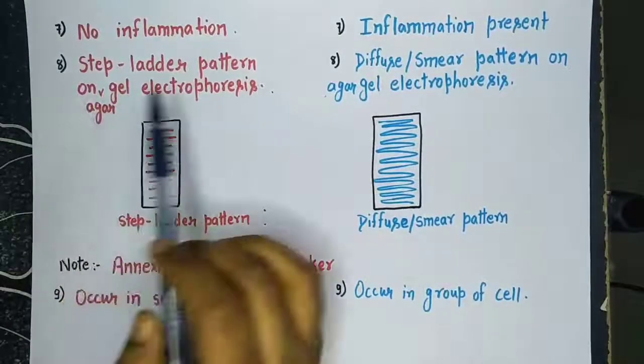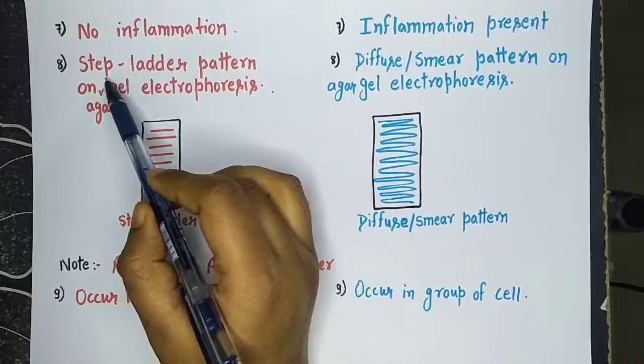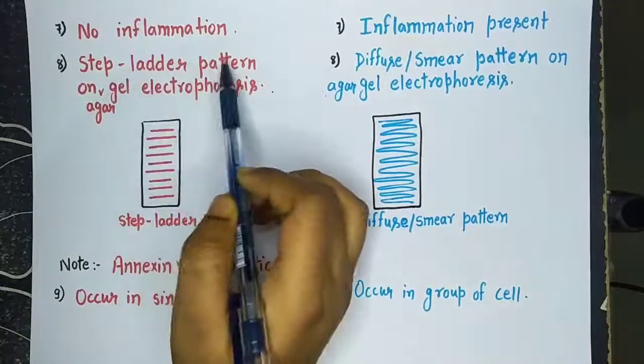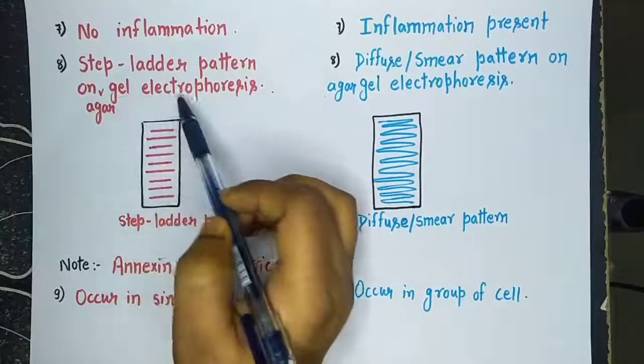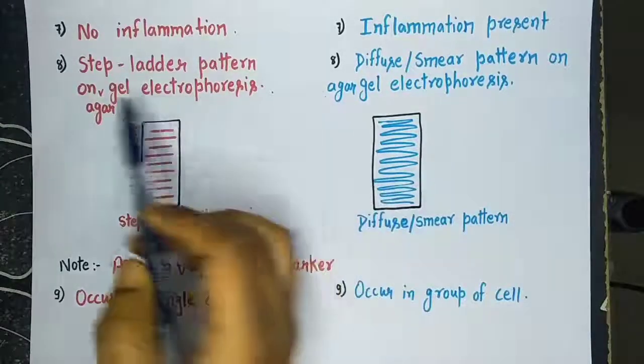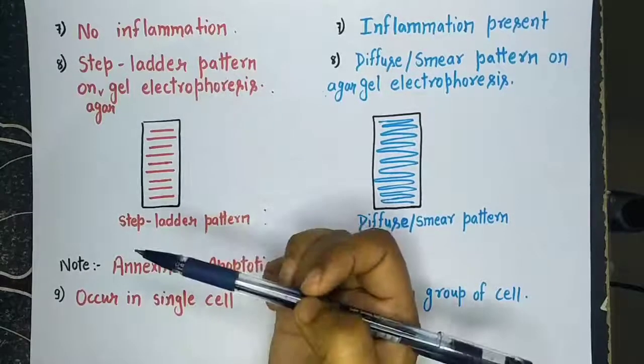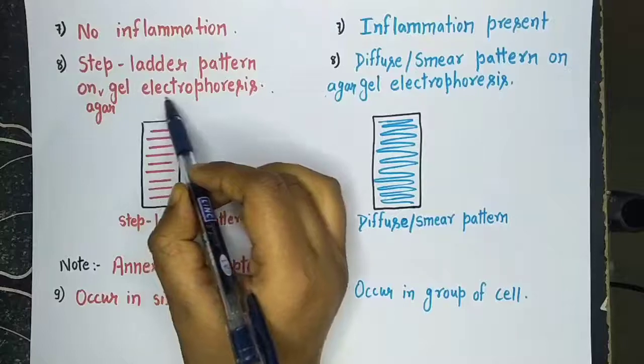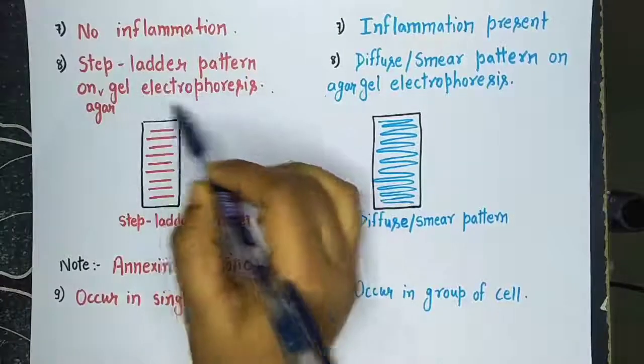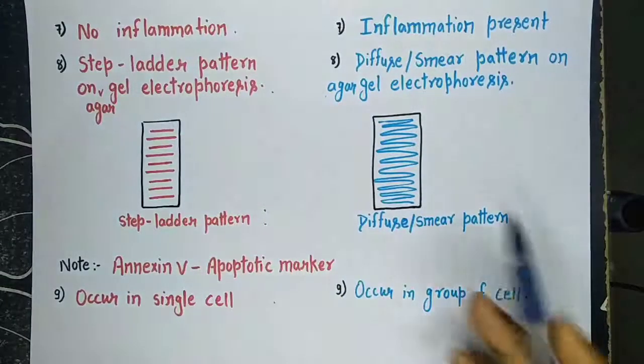Come to the next point. In case of apoptosis, a step-ladder pattern on agar gel electrophoresis is seen. Now, what is a step-ladder pattern? Electrophoresis is a technique to separate chemicals.